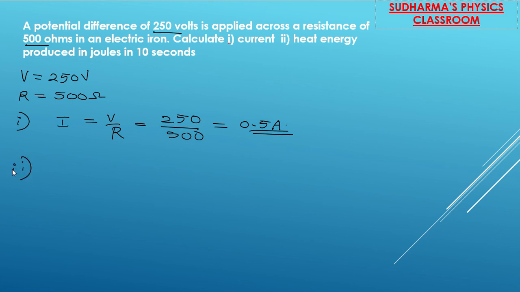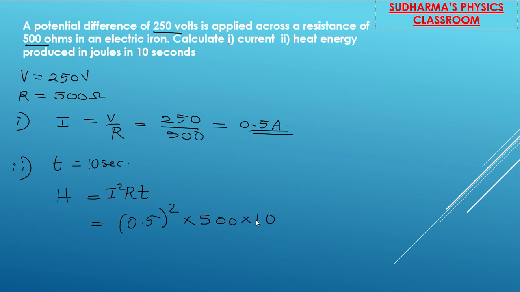Second part. We have to calculate the heat energy produced in joules in 10 seconds. So t is equal to 10 seconds. What is the formula for heat energy? H equals I squared R t. I is calculated as 0.5, squared, multiplied by resistance 500, multiplied by 10.